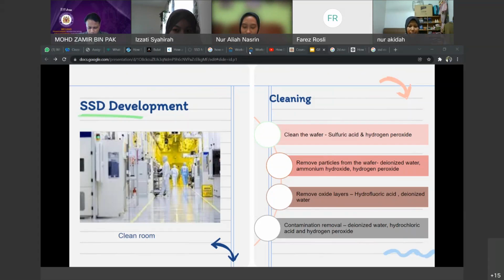Okay, other questions? My next question is just a simple question. Is SSD a transistor? Alia, you have to unmute. I think yes. Of any sort of transistor? MOSFET, something MOSFET.